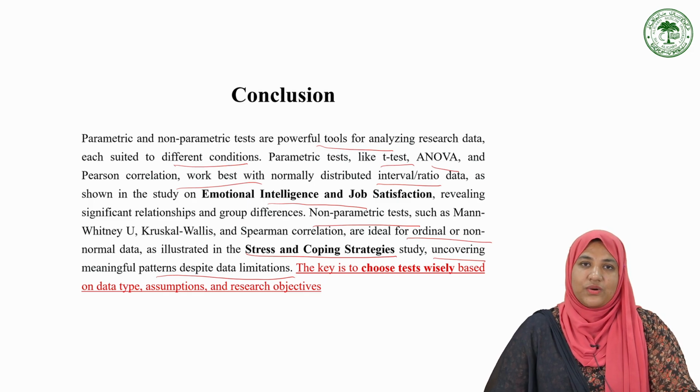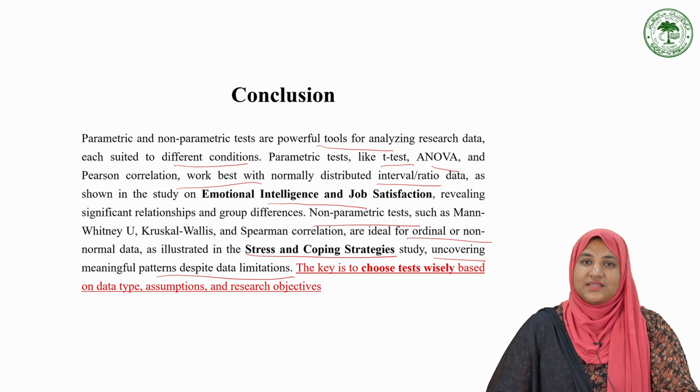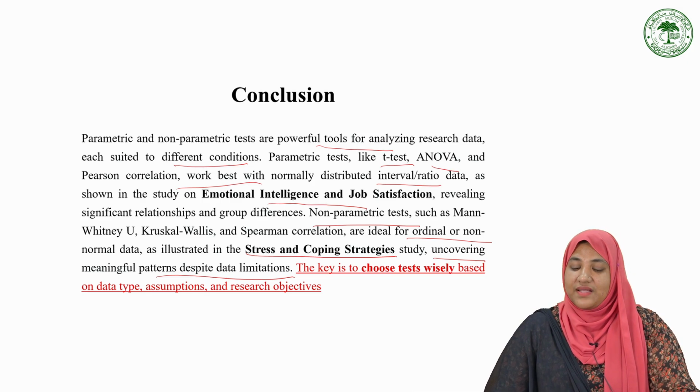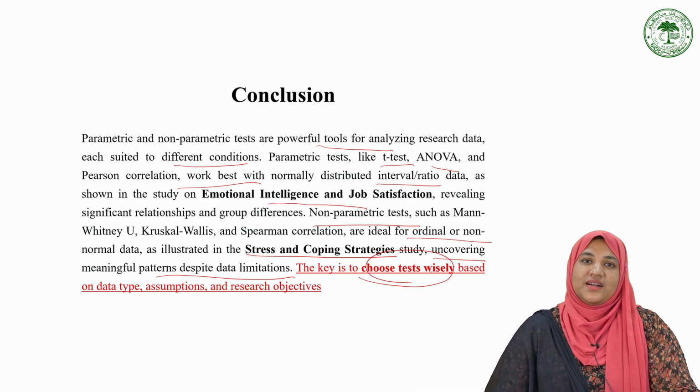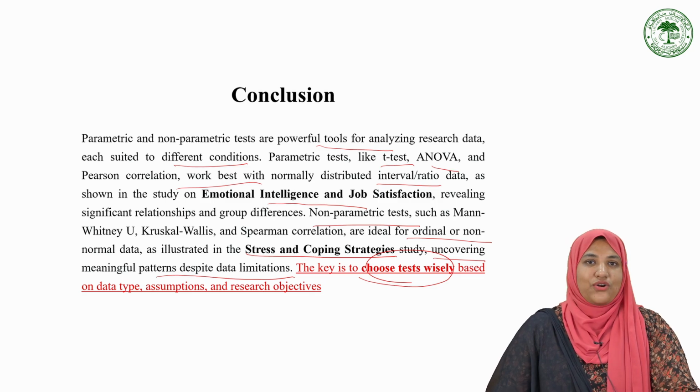Even if it is small sample data, non-parametric tests cover all those data limitations and give us a proper result. So the concluding remark is that the key is to choose the test wisely based on the data type, assumptions and also the research objectives.